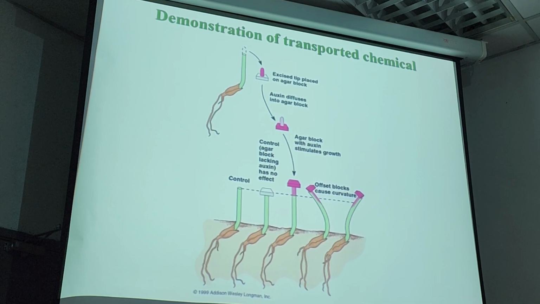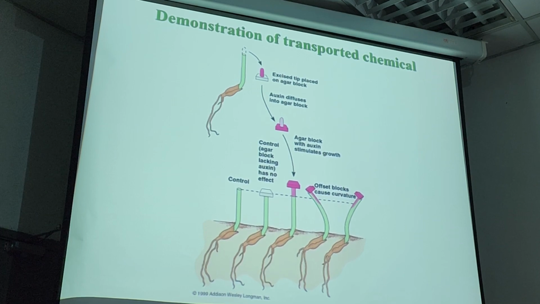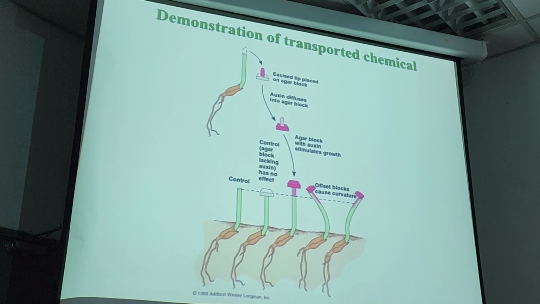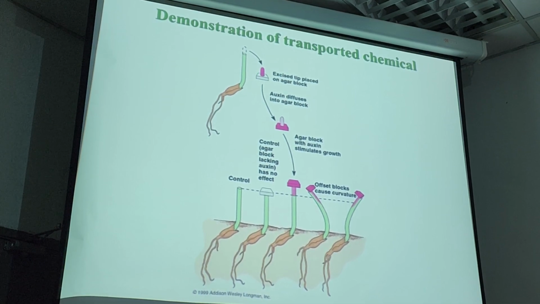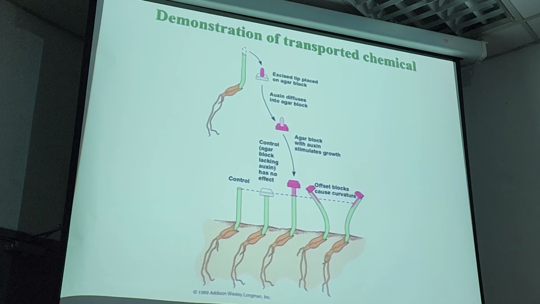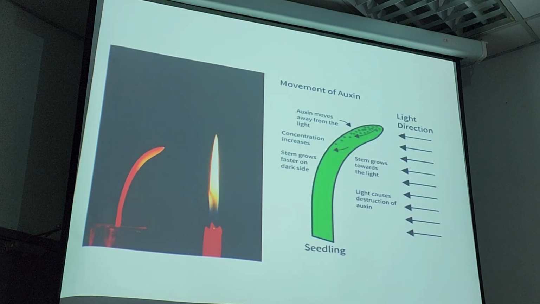If the auxin is placed on this edge, the curvature will go the opposite way. If it's placed on this side, the curvature will go the opposite way as well. So what's with that? Why won't it form the curving according to where the auxin is placed? We'll see in a bit.